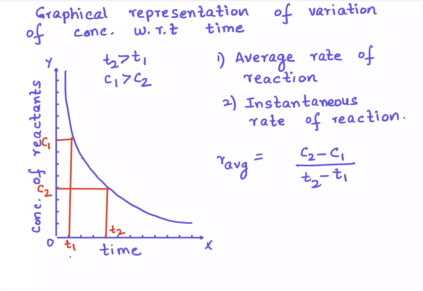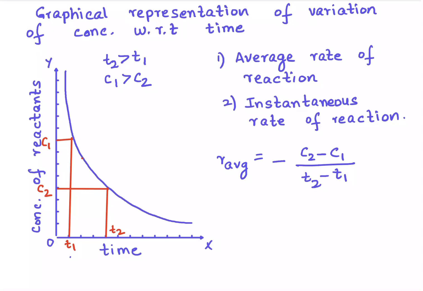Final minus the initial, final minus initial, right? That is how you measure change. But as we said over here, C1 is greater than C2. In other words, my average rate is going to be a negative value, correct? Which is not possible. So what we do is we put a negative sign over here in order to ensure that our average value comes out as positive.